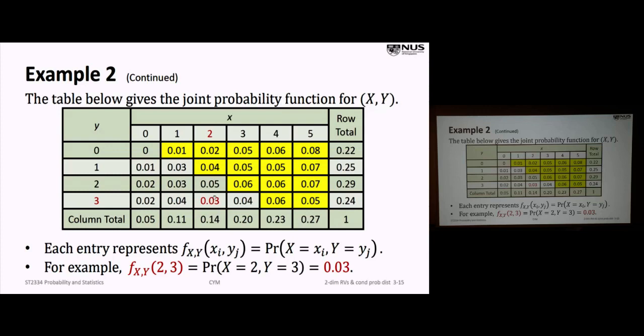And similarly, you just sum over these rows. And so the marginal probability mass function of x is this collection of totals. Note that the row totals sum to 1 and the column totals sum to 1. This is the probability mass function of y, this is the probability mass function of x, and this is the joint probability mass function of x and y.